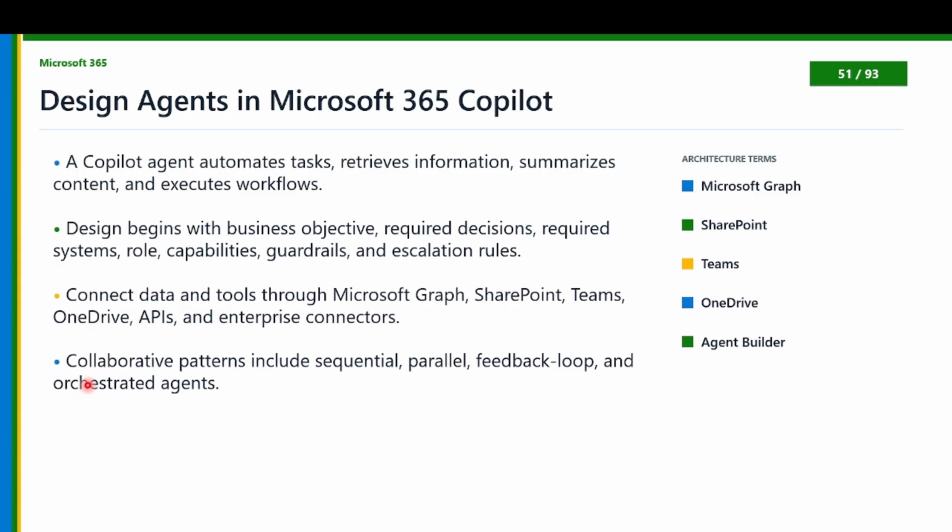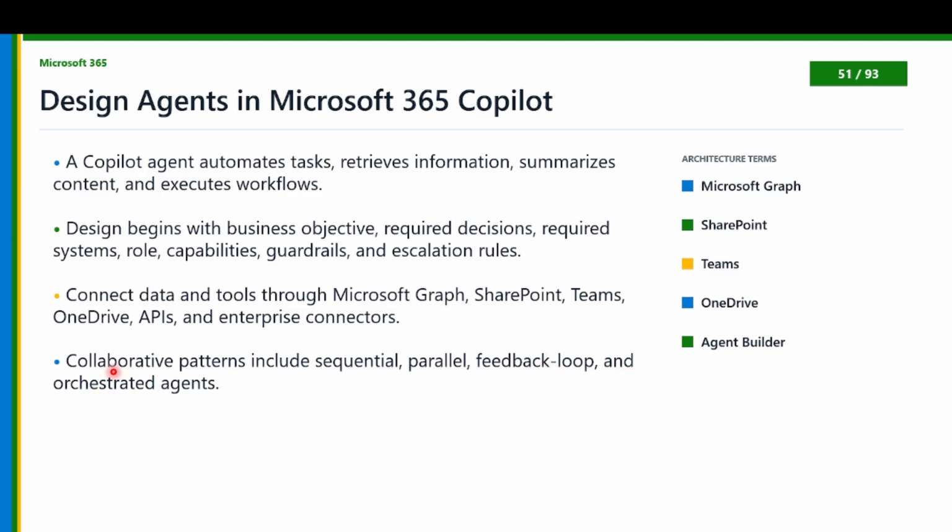And then the last point we have here is collaborative patterns include sequential, parallel, feedback loop, and orchestrated agent. So collaborative patterns are how the agent can interact with other tools or with the human being that is using it. So the action pattern of collaboration can be sequential, can be parallel, it can be a feedback loop, where it reasons, acts, observes, and then reasons again in that loop until it performs the task, and then through orchestrated agents.